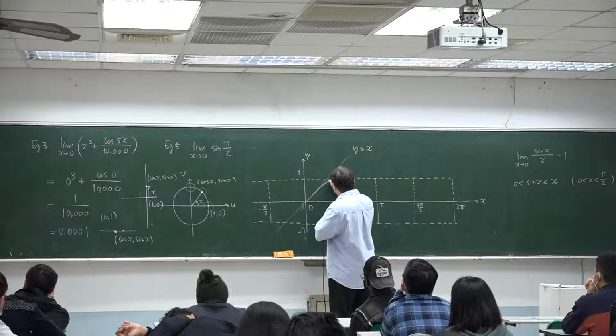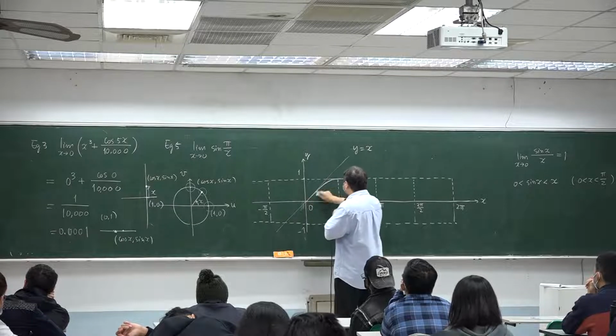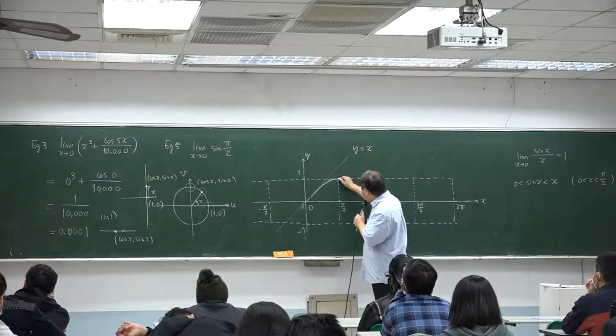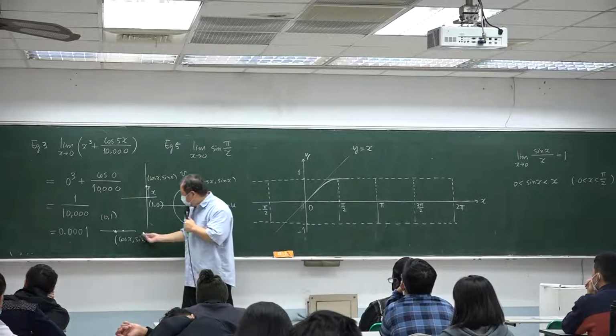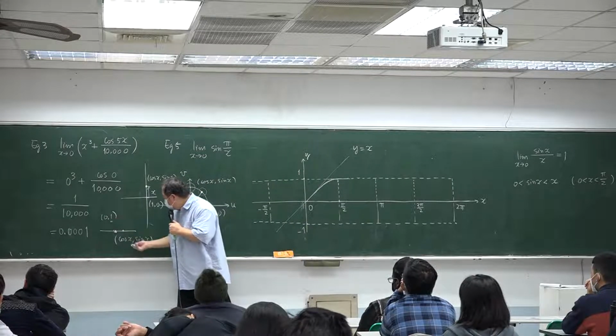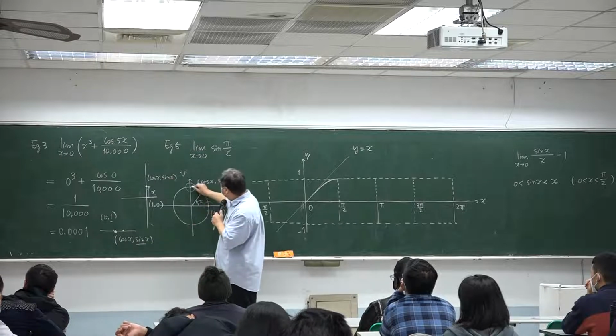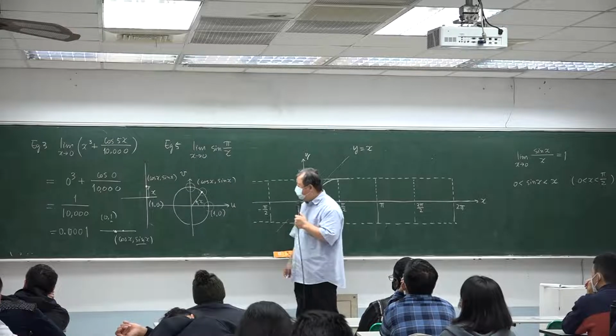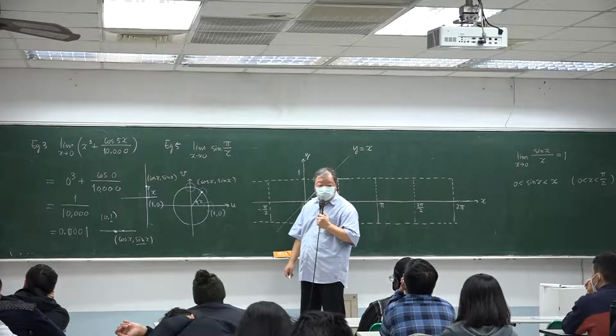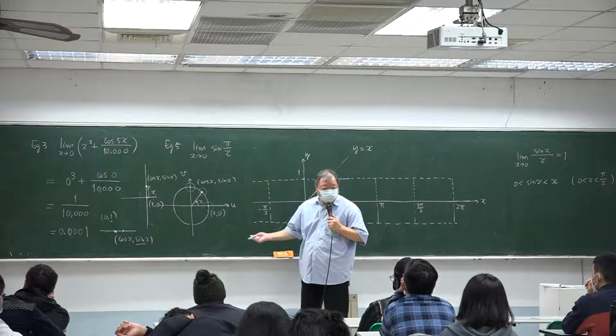So the graph of sine in this part looks like this, with a horizontal tangent. Sine is almost 1. Do you know what I mean?